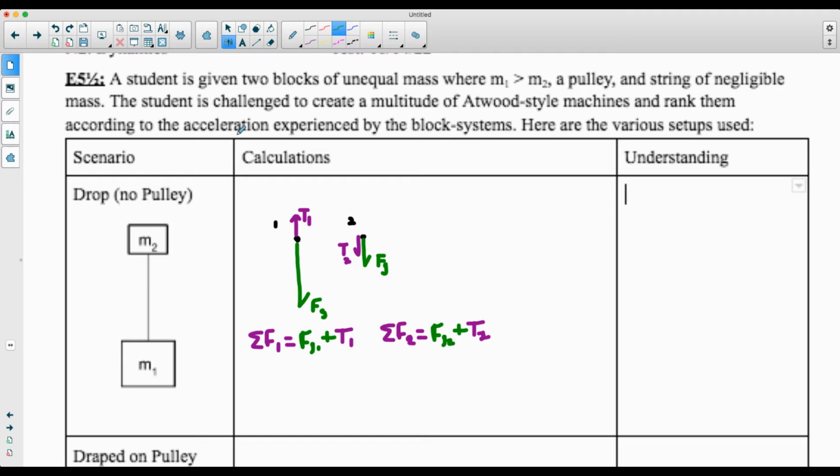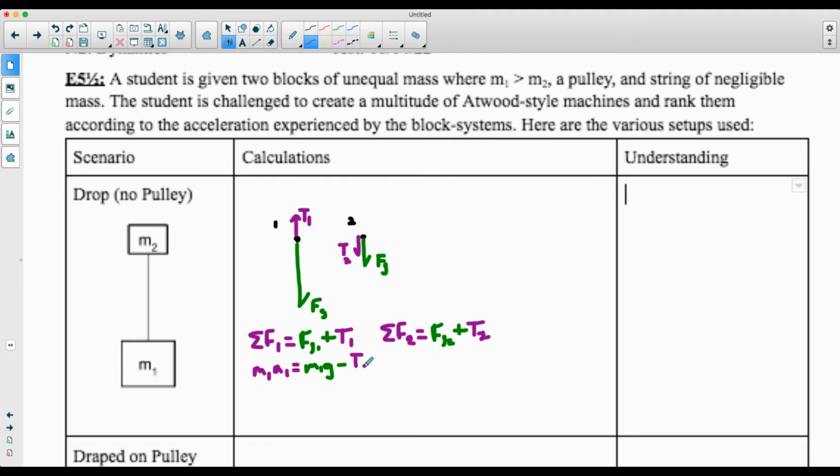Now it's time to clean this up. Nowhere in here do we suspect equilibrium, so this is not going to be 0. Let's start substituting. The mass of block 1 times the acceleration of block 1 equals m1 times g, just mg, and T1 is in the opposite direction, so minus T1.